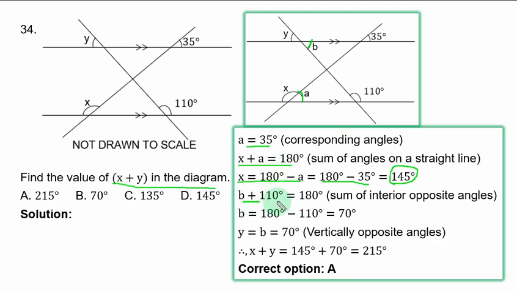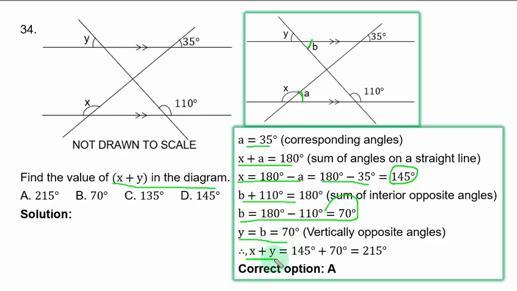That is what you have there. If you make B the subject, B is equal to 180 degrees minus 110 degrees, and that is 70 degrees. Y is equal to B equal to 70 degrees, vertically opposite angles.